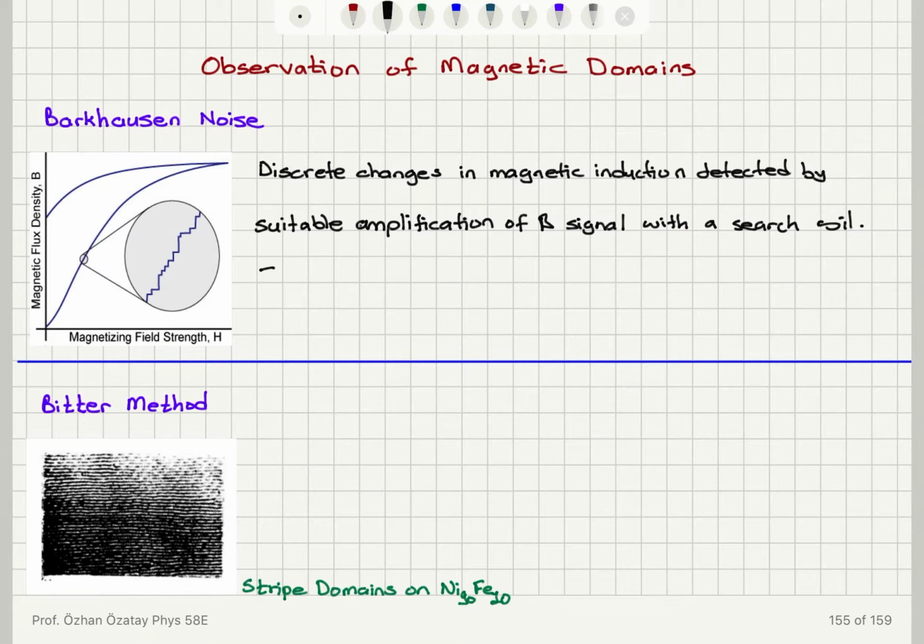And the discrete jumps arise from domain wall hindrances along its path.